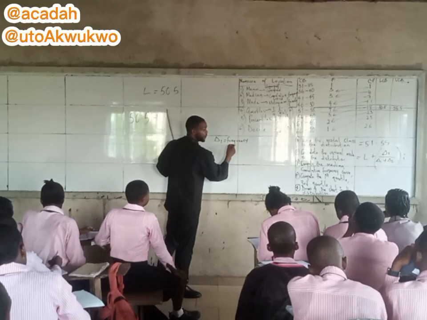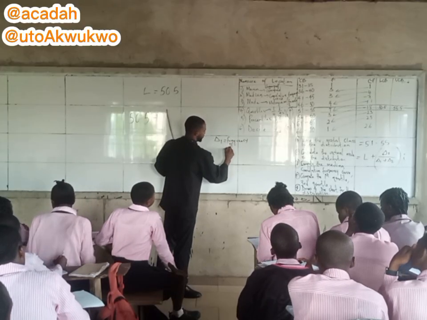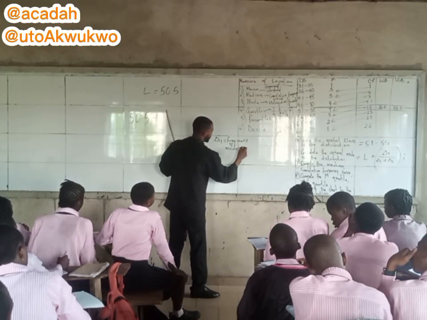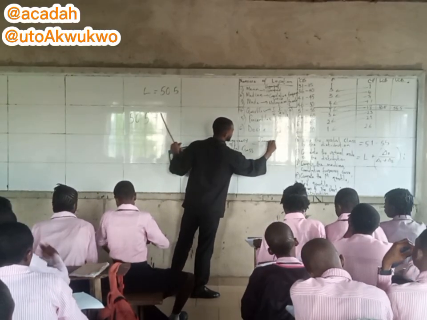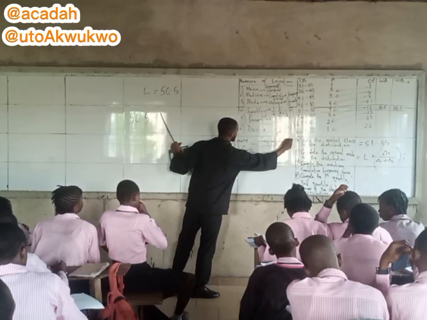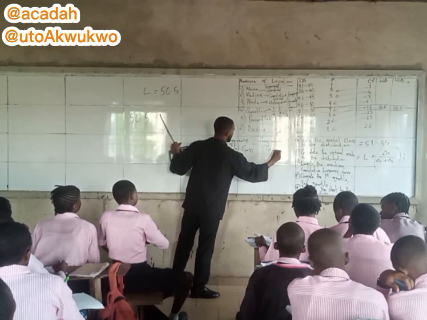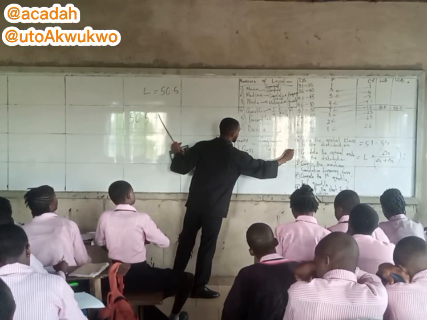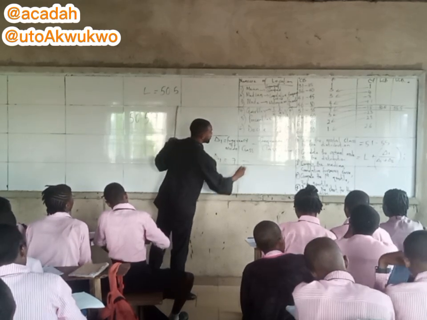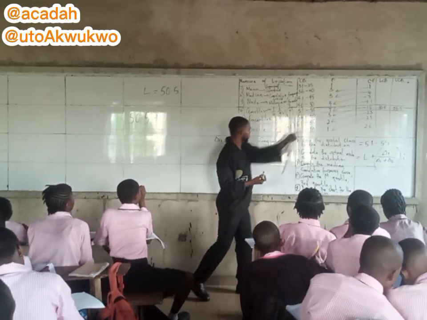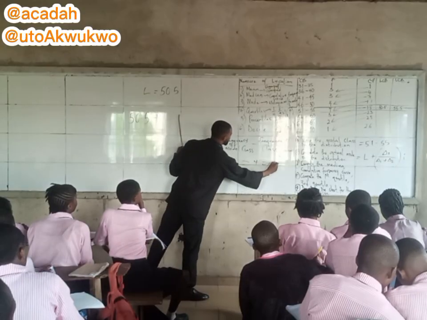Have I given you this formula before? Yes. So that is 7 minus 4, which is 3.